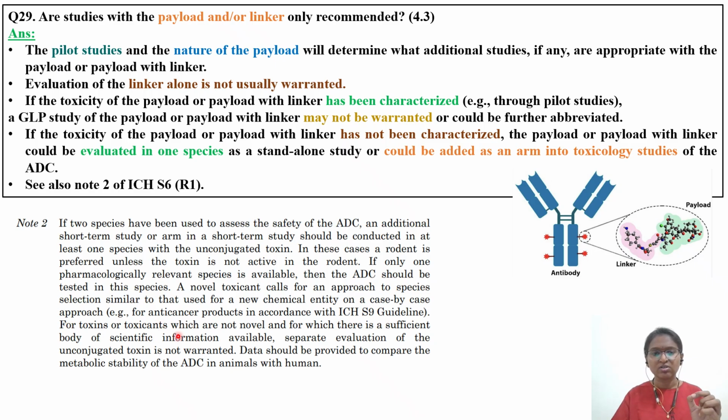For toxins or toxicants which are not novel, already well known and used in some other ADC, there is no need to do toxicology studies again. If not novel and there is a sufficient body of scientific information available, separate evaluation of this unconjugated toxin, meaning the payload, is not warranted.